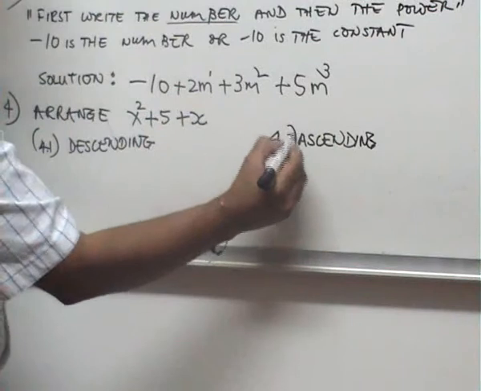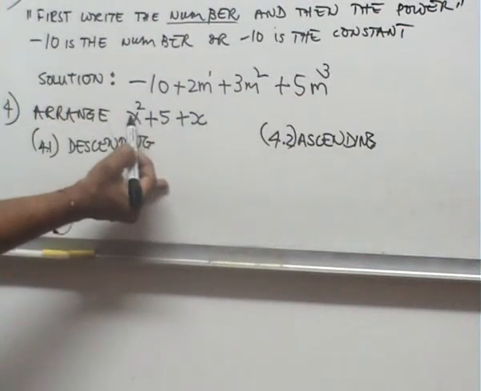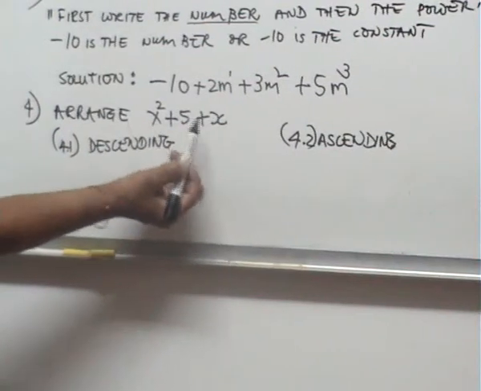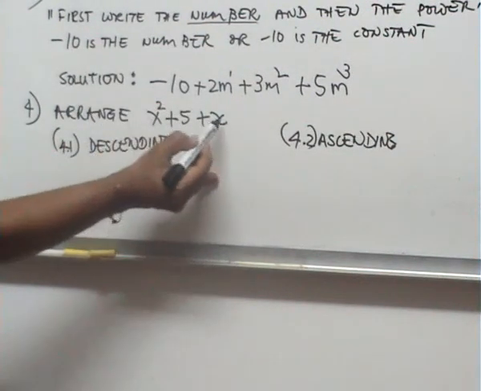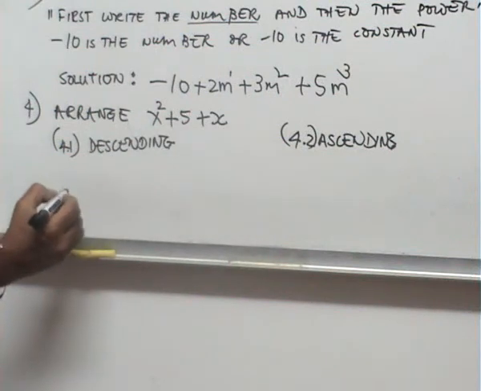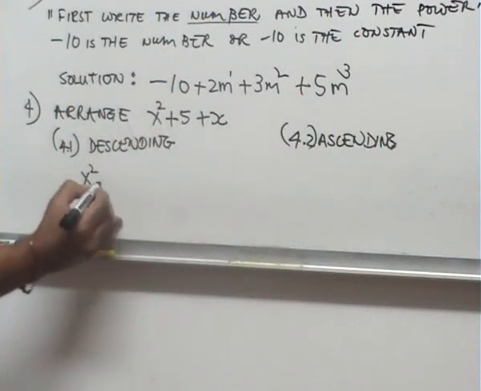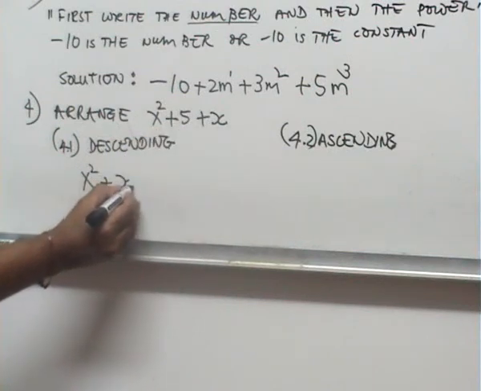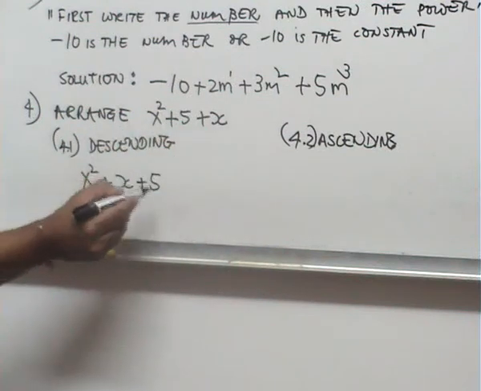Now, the same expression, x squared plus 5 plus x, can be arranged two different ways. If you want it descending, then this answer will be x squared plus x plus 5. Same one in descending order.